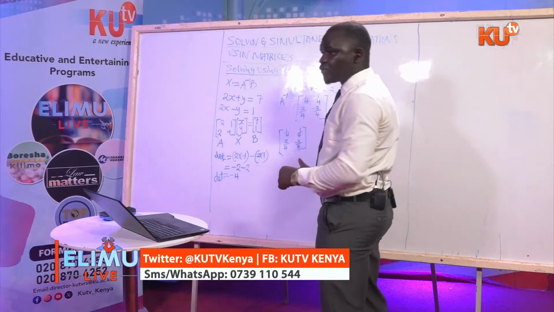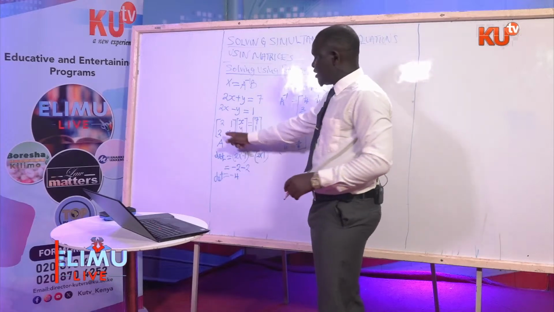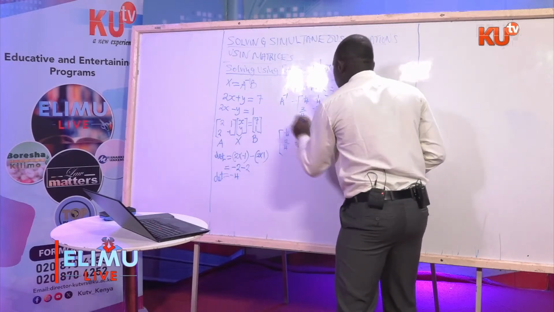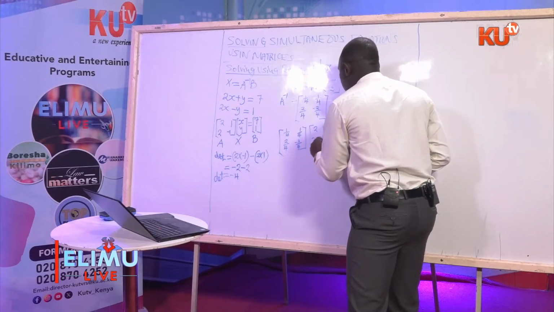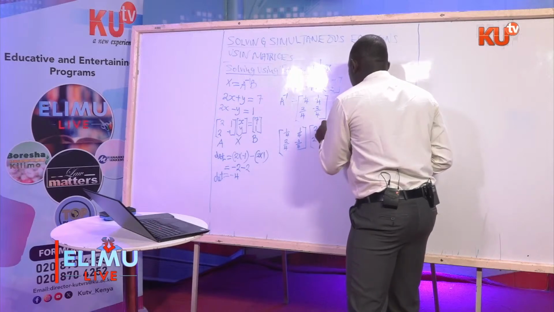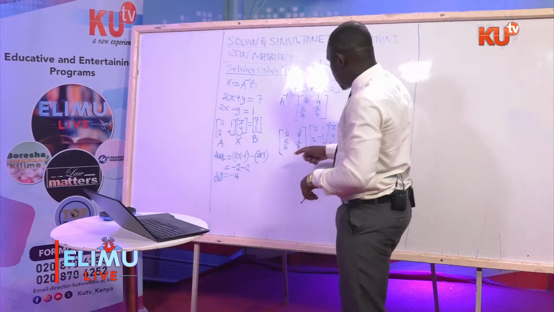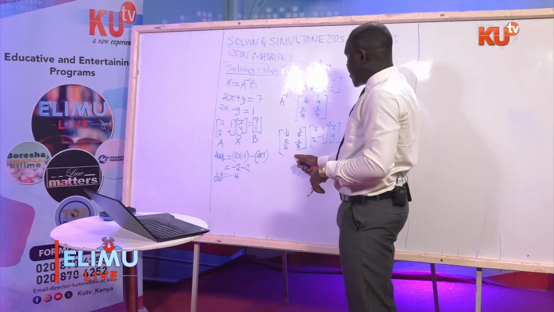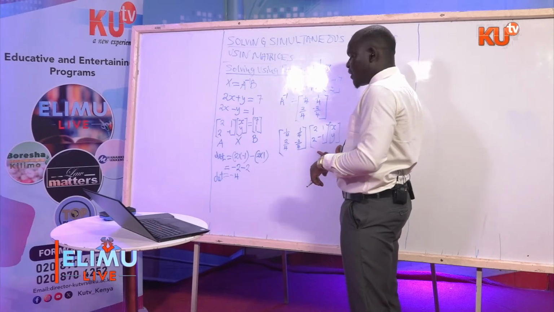Now this inverse of my matrix, I'm going to pre-multiply it with what is on the left hand side, that was 2, 2, 1, -1, xy, like that. Are we there, learners? You pre-multiply the inverse of the matrix on both sides of the matrix. So I've pre-multiplied on the left hand side.